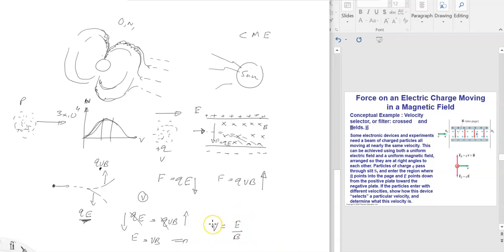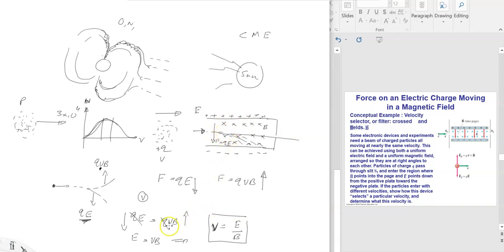So the particles that have the velocity that matches this ratio, we can change the electric field and magnetic field according to what we need. So by changing this, you can select what velocity needs to come out. That means over here, there is a slit. The charged particles that match this ratio will go in a straight line.